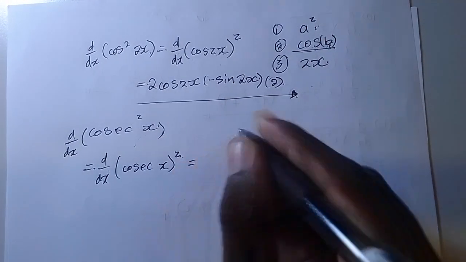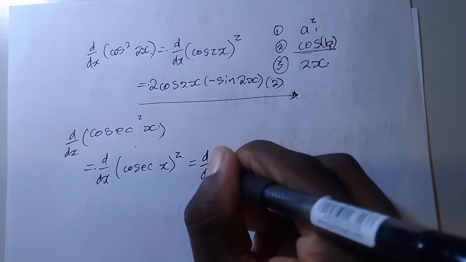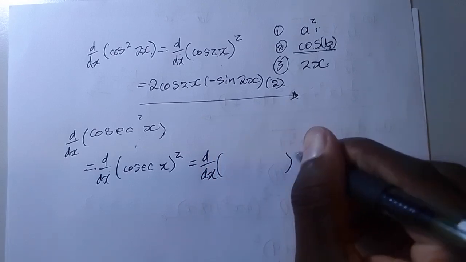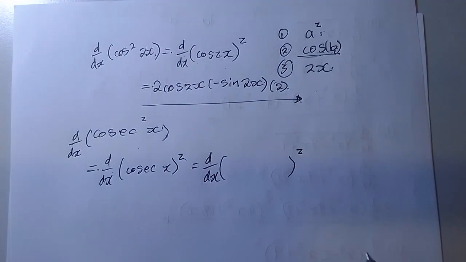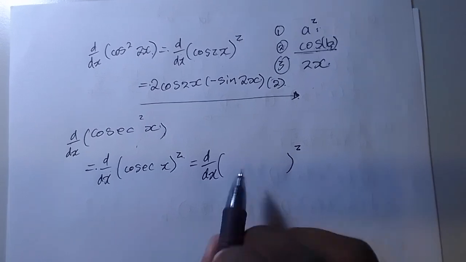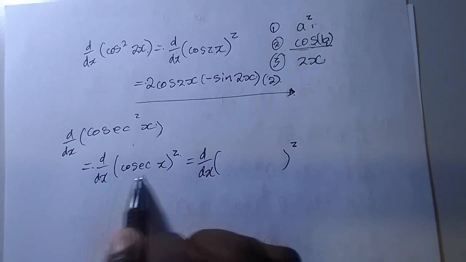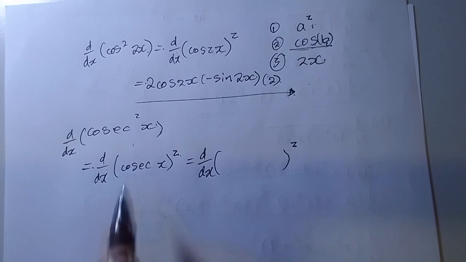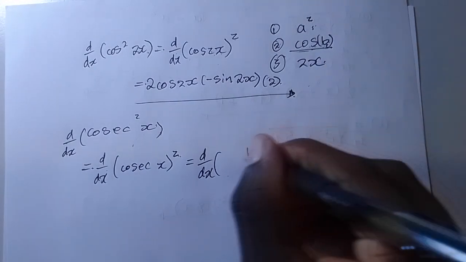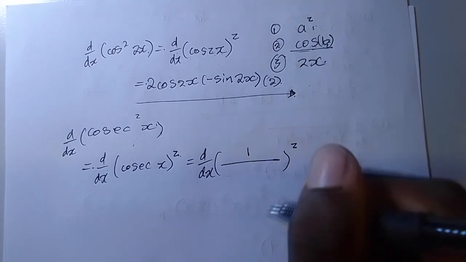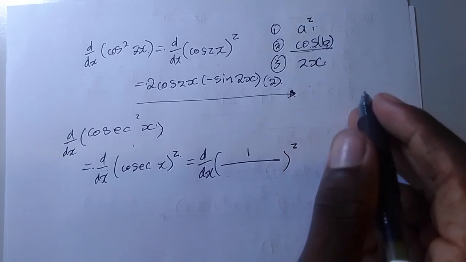Now what we'll do is say d/dx of, still bringing the squared, right? Inside we want to write the co-function of this. The co-function of cosec is 1 over sine x. How I memorize them is that it's not what you think.